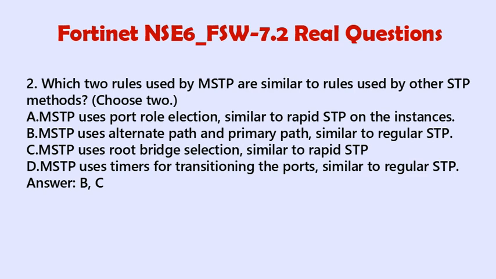B. MSTP uses alternate path and primary path, similar to regular STP. C. MSTP uses root bridge selection, similar to rapid STP. D. MSTP uses timers for transitioning the ports, similar to regular STP. Answer: B, C.